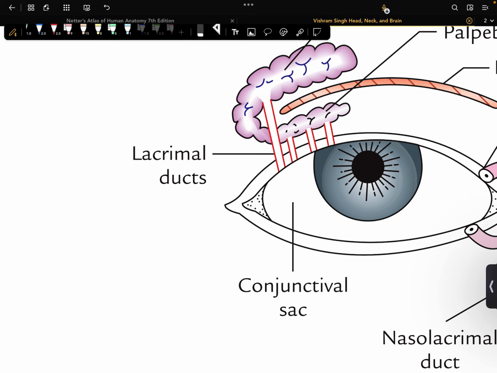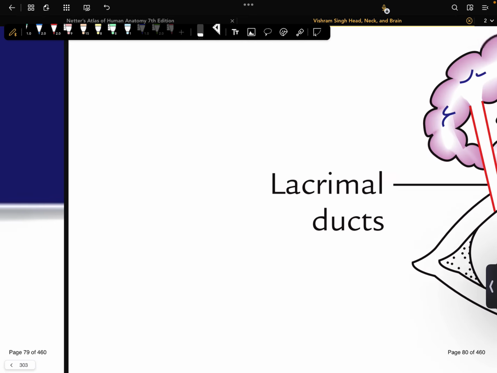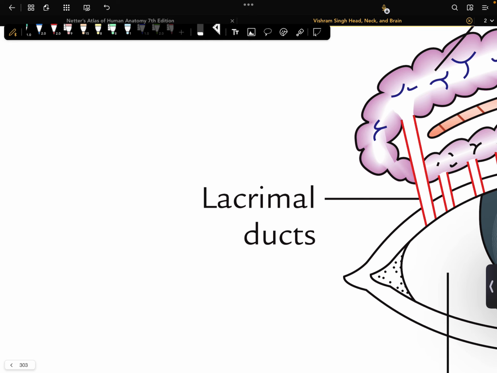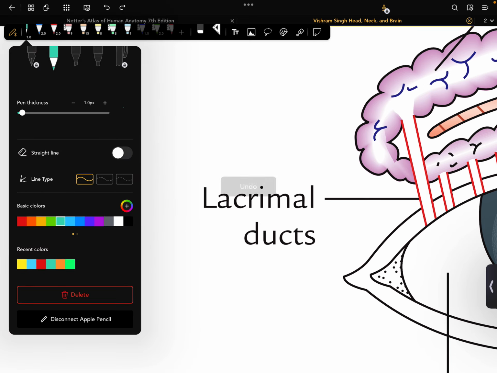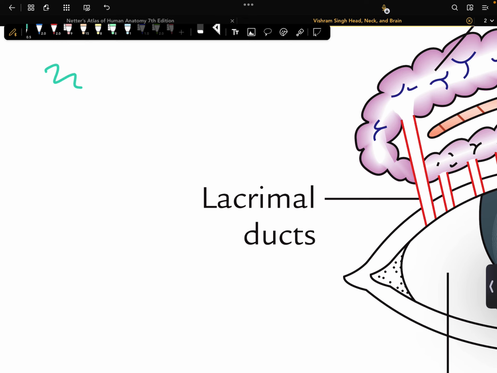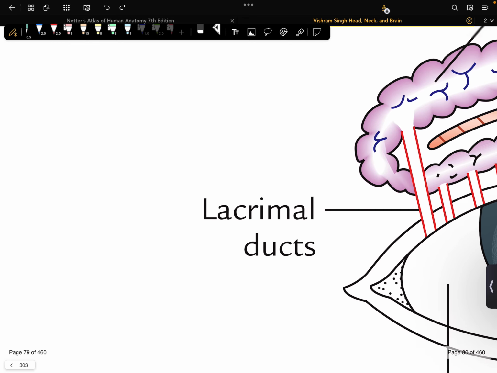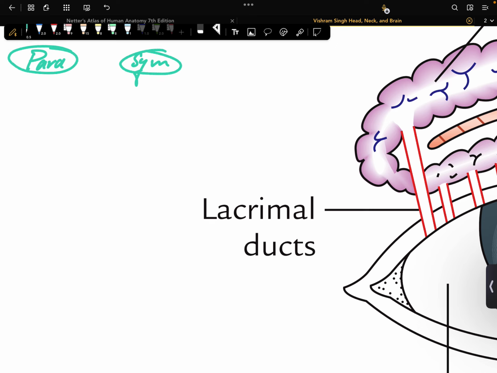Okay, so considering the nervous supply, you have to be very vigilant and careful. The nervous supply is of three types: parasympathetic, sympathetic, and sensory.